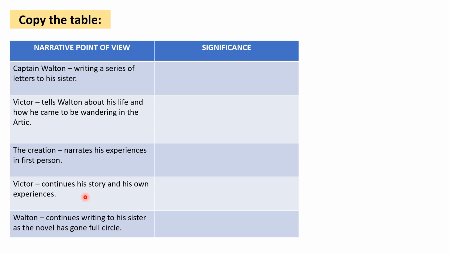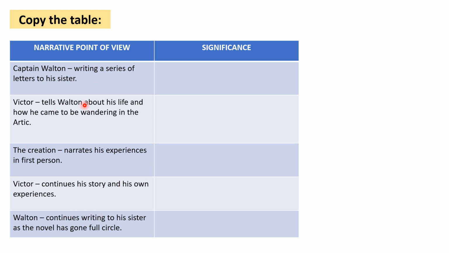Victor then takes over and continues his story and his own experiences. That is particularly important when he creates the female companion and then destroys it. He experiences the death of Elizabeth, and so on and so forth. And then at the end, we have Walton, who continues writing to his sister as the novel has gone full circle.